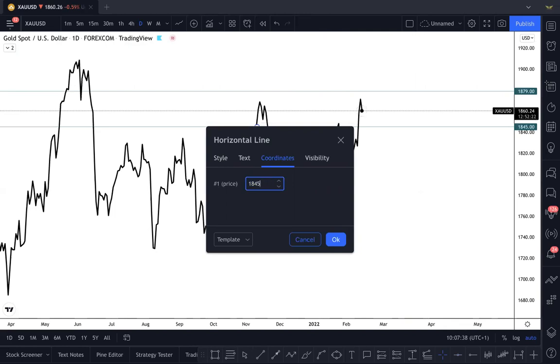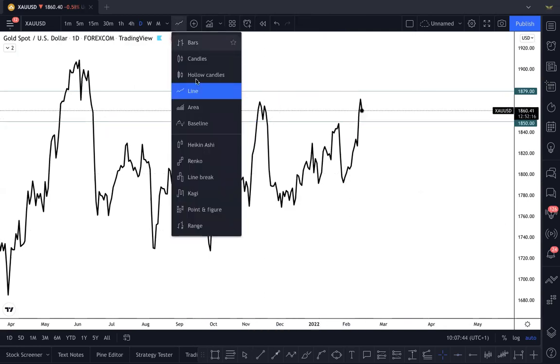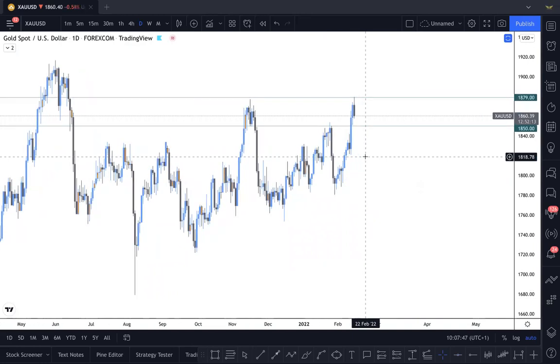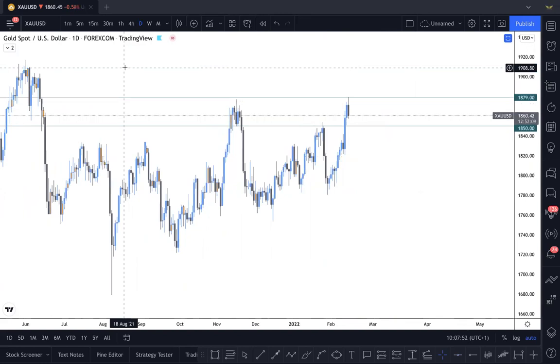Price should sweep out that level, and a retest below it will be an ideal sell entry, right?